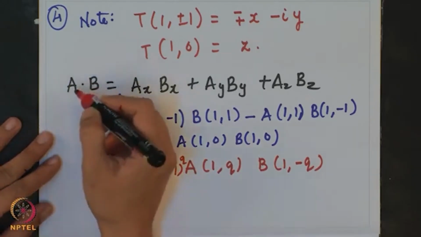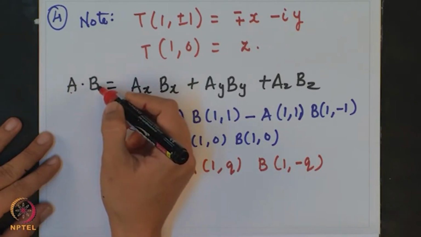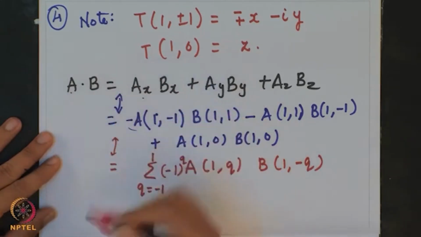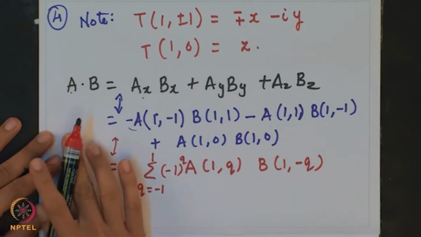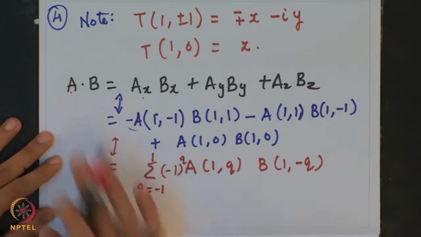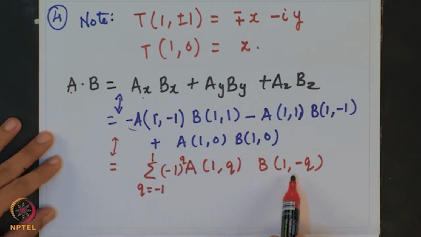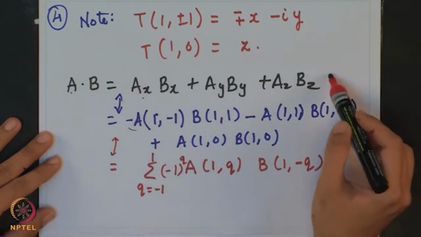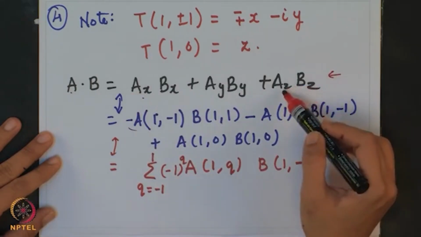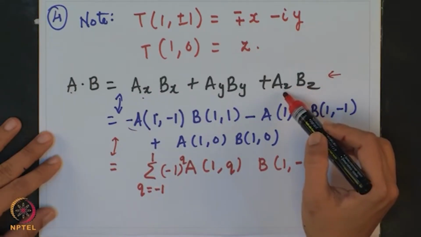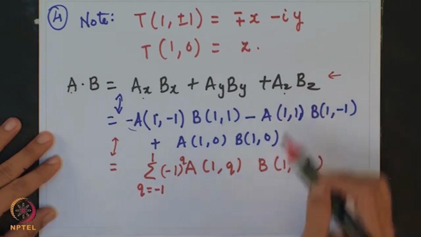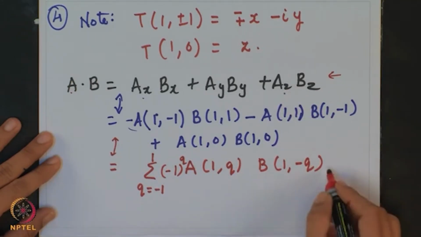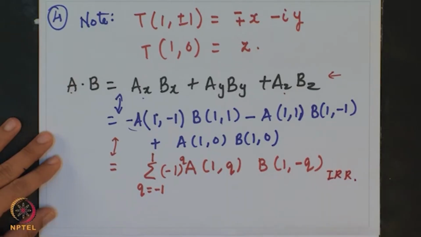And in order to prove that A dot B is a scalar, what you have to do is write the scalar product in terms of the irreducible tensor. So, now you know that these are reducible tensors, reducible operators or terms, which we have written in terms of irreducible representation.